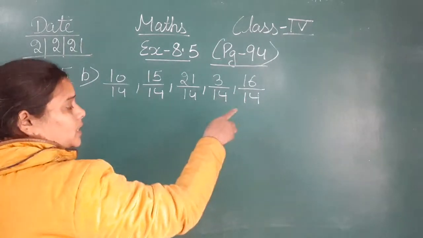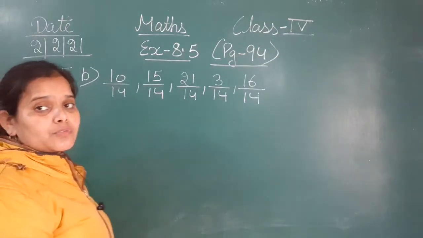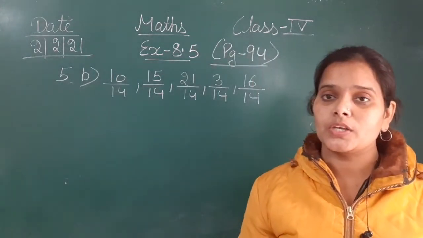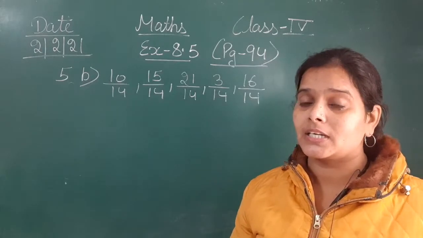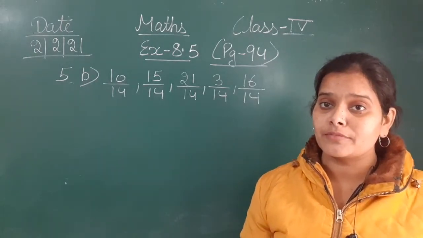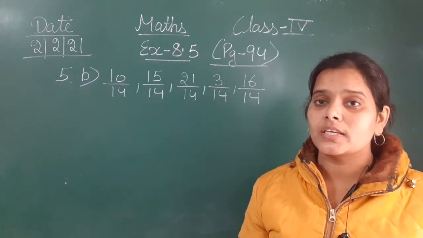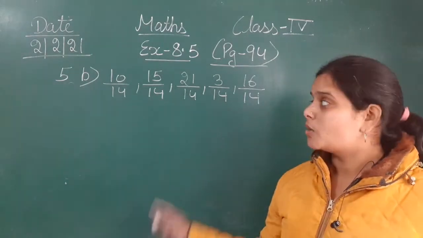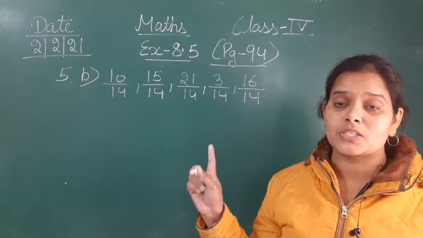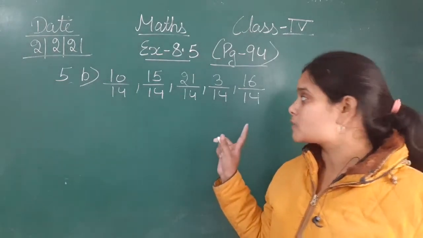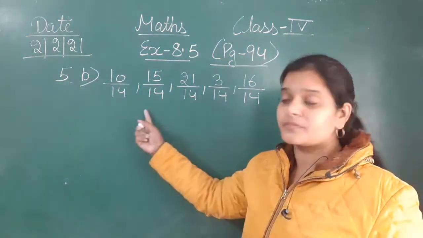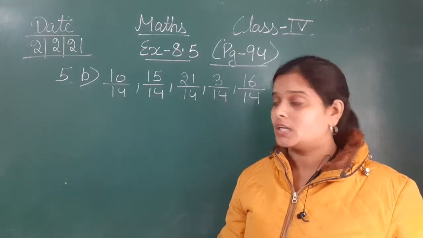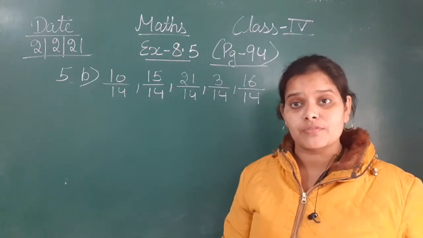Okay, so now we have to arrange these fractions also into ascending order. जैसे कि मैंने आपको पिछले सम में बताया था, the first thing that you have to see is that all the given fractions should be like fractions. तो जितनी भी fractions दी हुई हैं that must be like fractions. As we can see, all these given fractions have the same denominator, that is 14. इन सब का क्या denominator है 14.